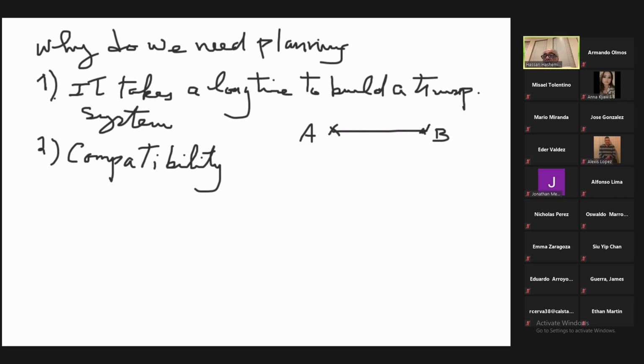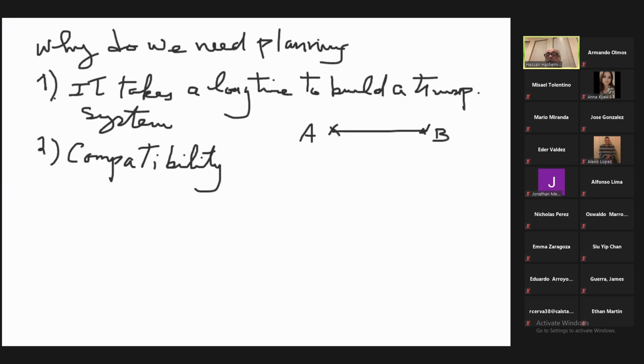And I have to make sure that the highways or rail that take you to the airport have enough capacity for people to be able to get to the airport. If one of them does not work, it doesn't matter that an airplane can land and depart every 30 seconds. We cannot get the flow of people to the airplane. So every component of the transportation system has to be compatible with each other.